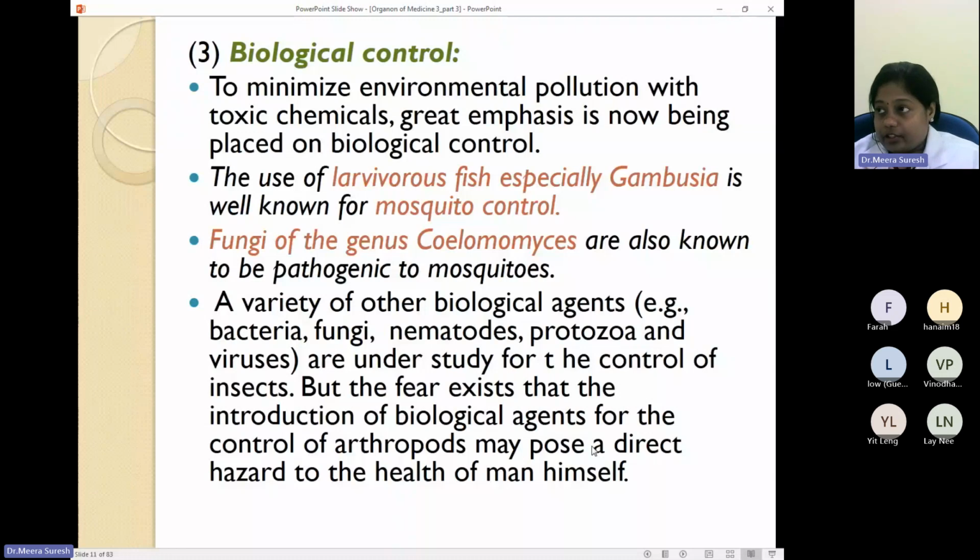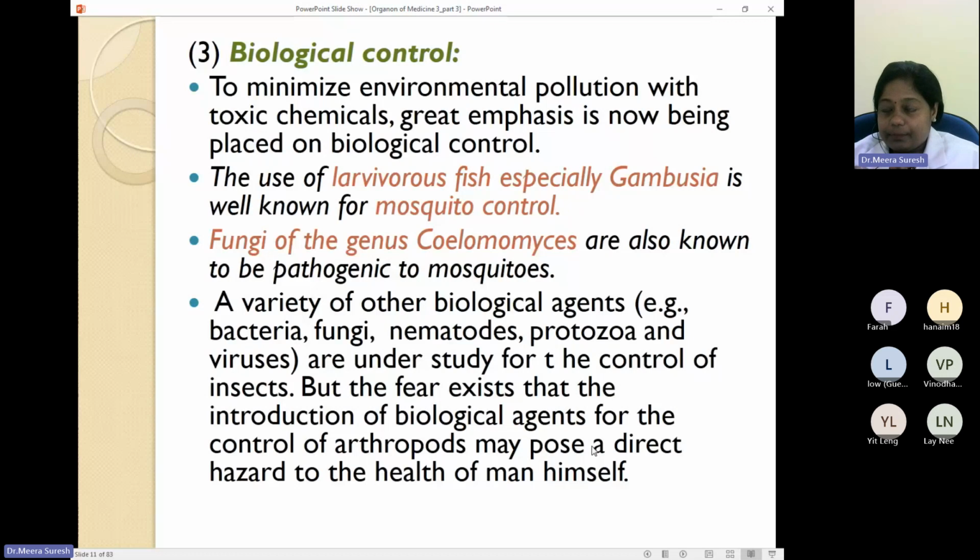Then we go for biological control. So biological control will be, as the term indicates, biological or some living organisms. Some living organisms are used for killing these vectors, especially the mosquitoes. And when I say that, the most important thing that will come into your mind might be the use of certain fishes.